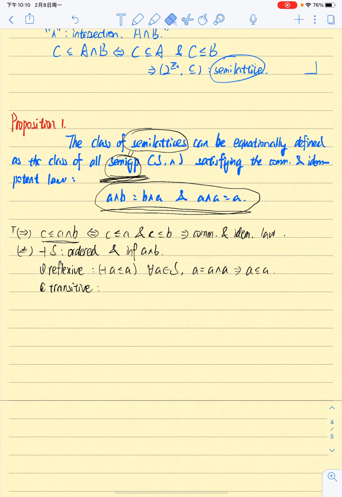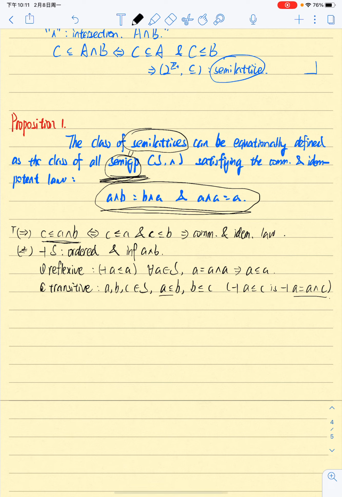Okay, and the transitive, we need to show, for every A, B, C in S, we let A smaller than B, B smaller than C. We need to show A smaller than C. Actually, we need to show A is equal to AC, also by these definitions.